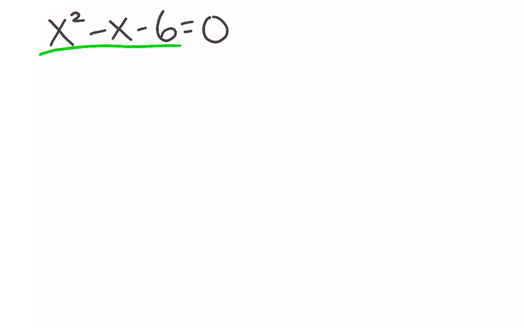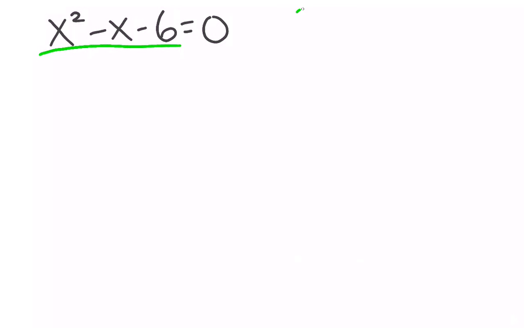So let's look at the first example on your page to know what this is going to look like. It says solve x squared minus x minus 6 equals 0. So my first step says to make sure the equation is set equal to 0. Yes, that's done. Then it says to factor if necessary.